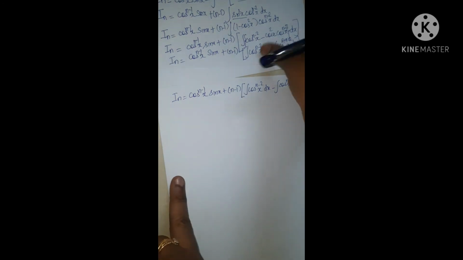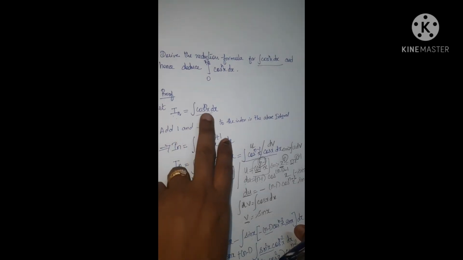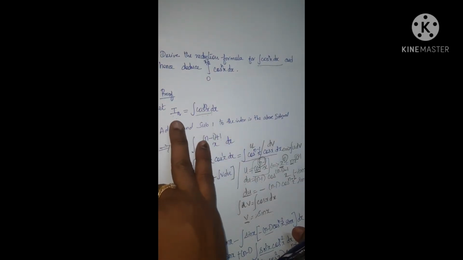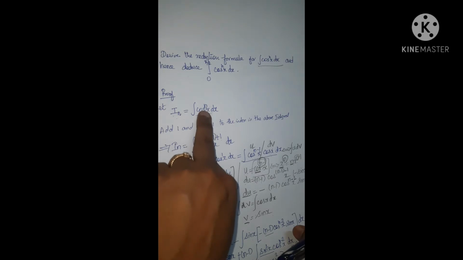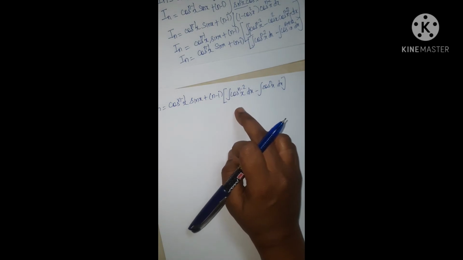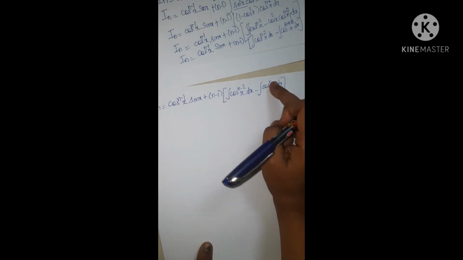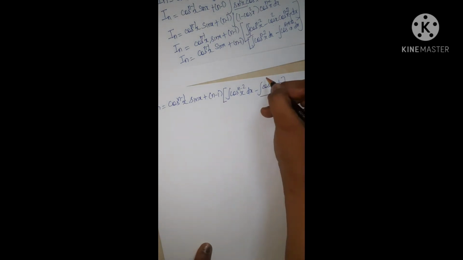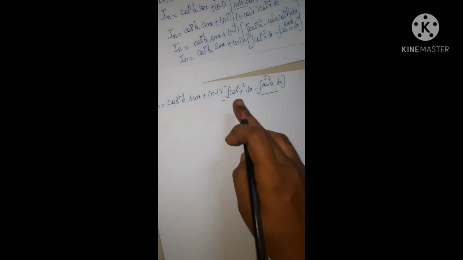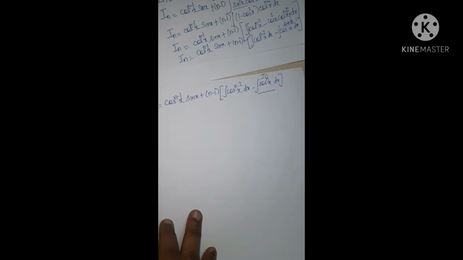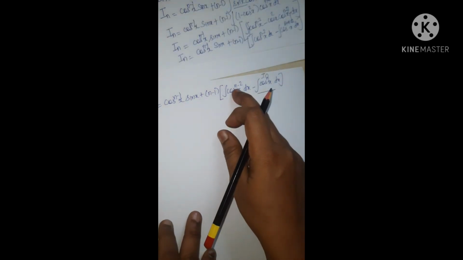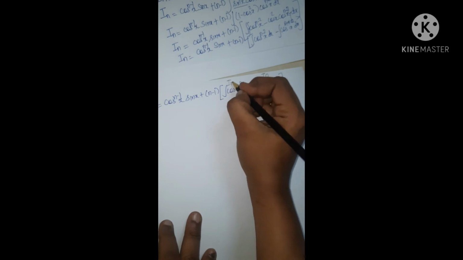Getting back to the problem, we have taken the integral cos^n x dx as I_n, such that I is for the given integral with respect to the index n. Comparing this original function with this step, integral cos^n x dx can be replaced by I_n, and cos^(n-2)x dx is also the same given original integral function, but with a different index, n-2. So this can be rewritten as I_(n-2).